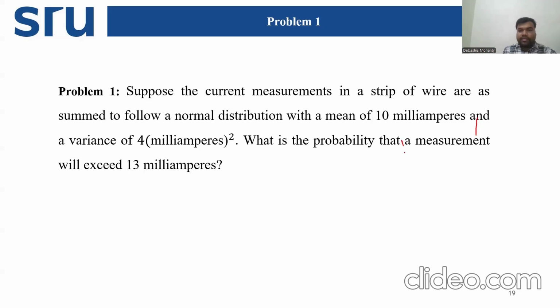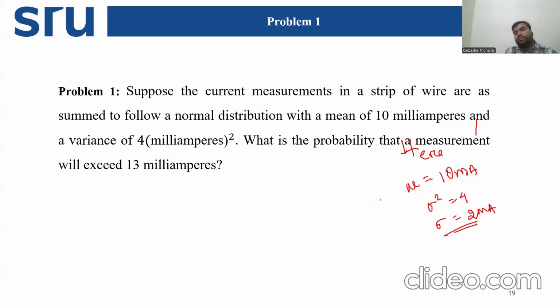So first of all, write the given things here. Mu equals 10, that is the mean in milliamperes. Again, variance means sigma square equals 4. So if sigma square equals 4, then what will the sigma value be? 2 milliamperes, right?